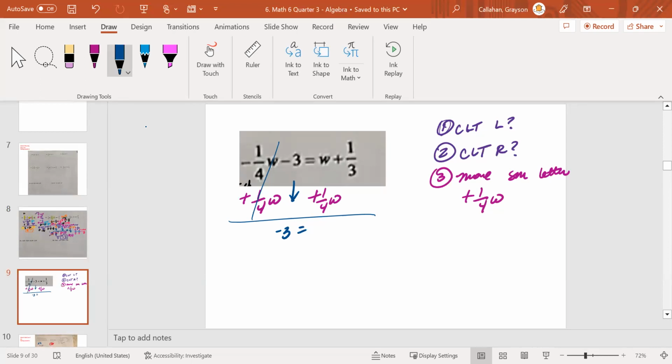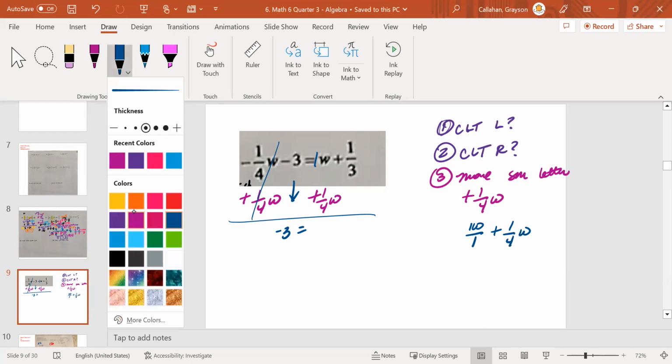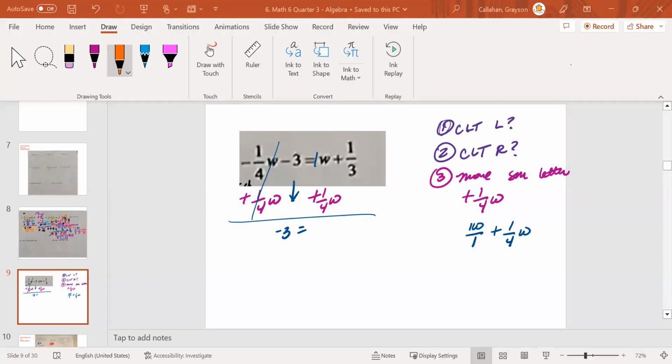On the side here, you're going to do 1w. It's 1 over 1w, which is this one right here, plus 1 over 4w. Lowest common denominator is 4. That becomes a 4.